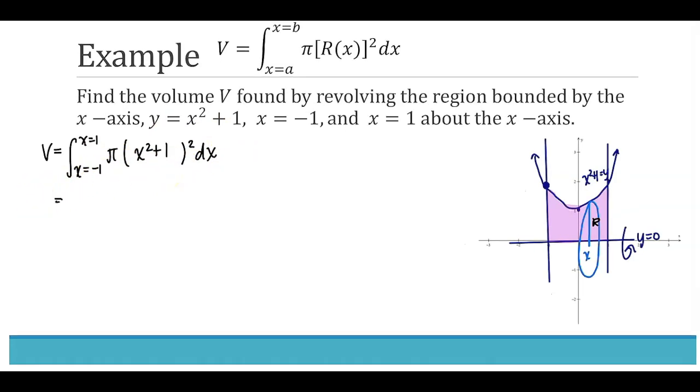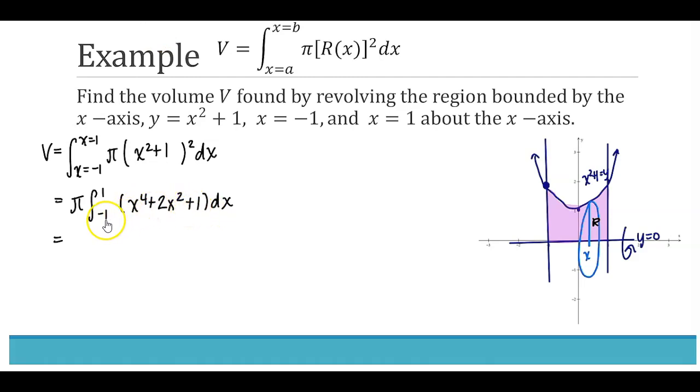So I'm going to start by factoring out a pi times the integral from -1 to 1 of x to the 4th plus 2x squared plus 1 dx after distributing. And now what I want to recognize is that the integrand is an even function.